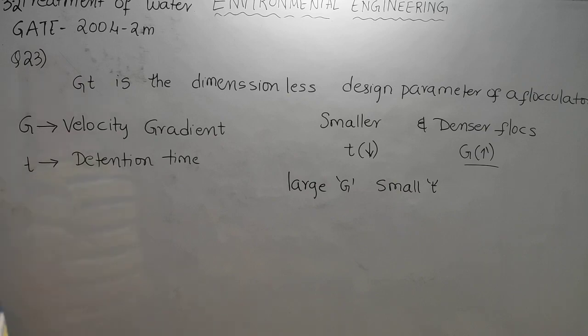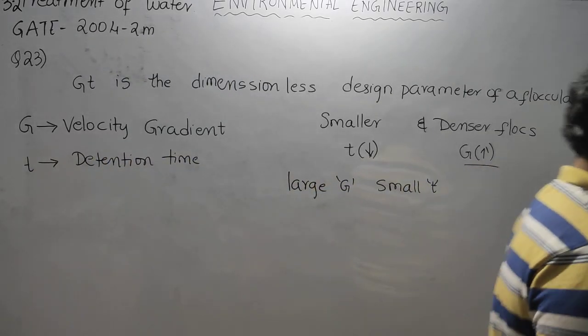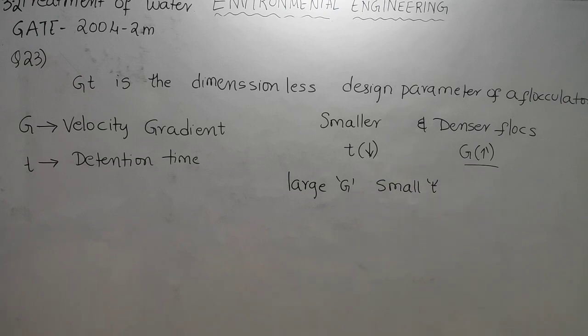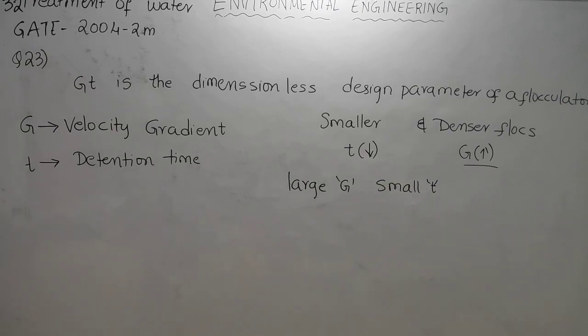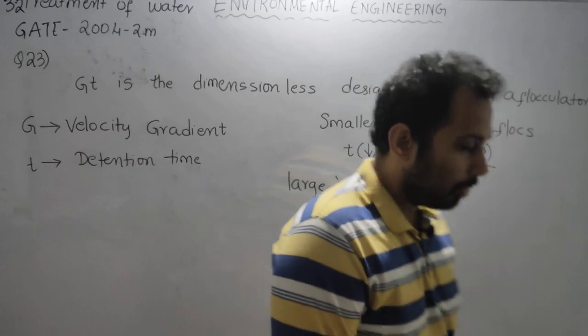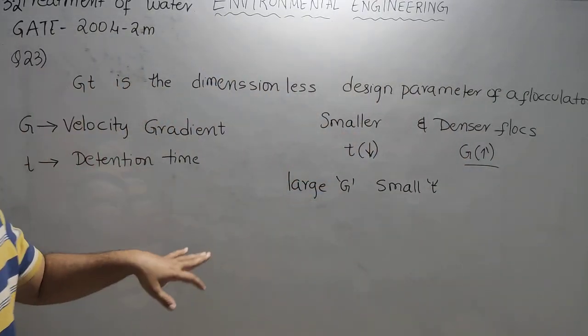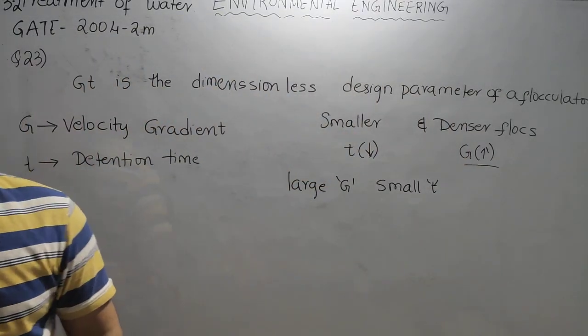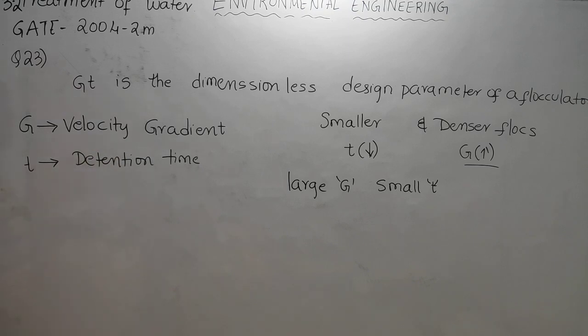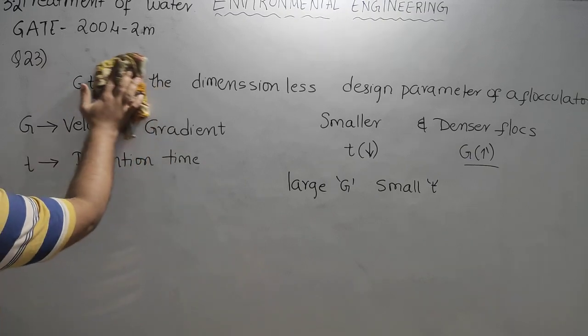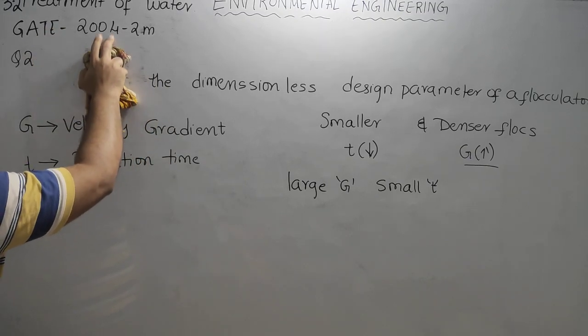So this is the answer, and in your solutions it was given as option D, but it is wrong. So this is the right answer. Larger G and smaller t is the right answer. So conceptually it is correct. Now let us go to the next question. Question number 24, 2005, 2 marks.